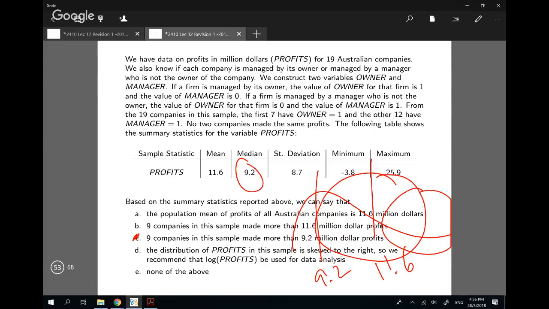There are 19 observations, so 9 above, 9 below, and 1 in the middle, because the median is one value of somebody. The answer is C.